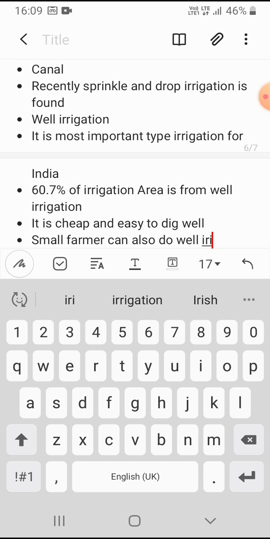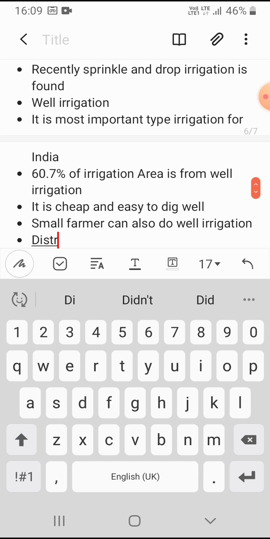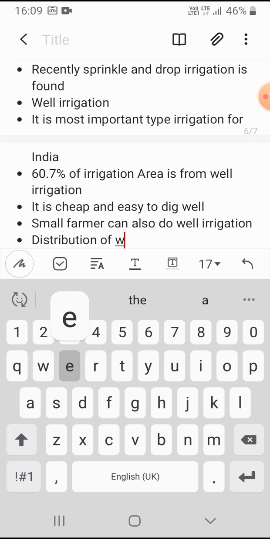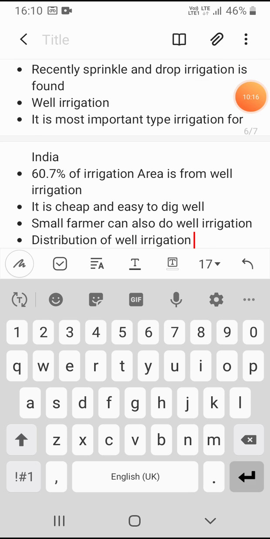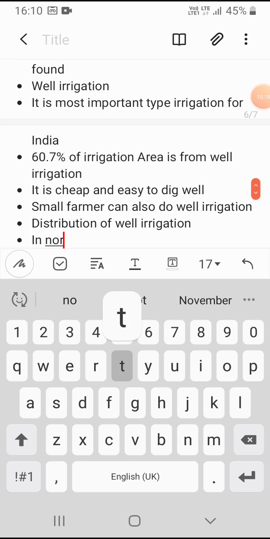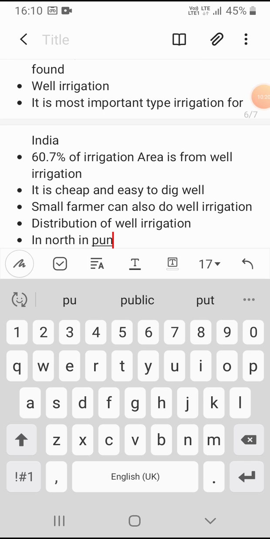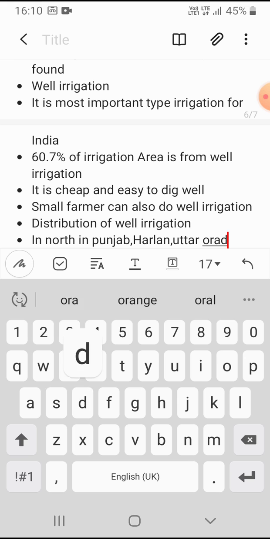Now let's know where we can see the distribution of well irrigation. In the north, we can see it in Punjab, Haryana, Uttar Pradesh, and some other places.